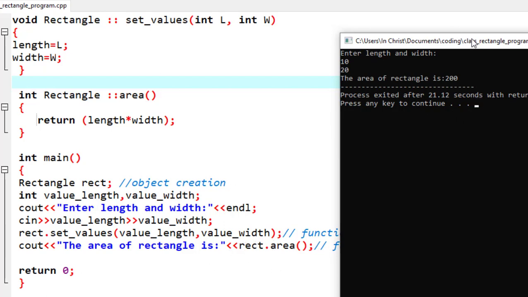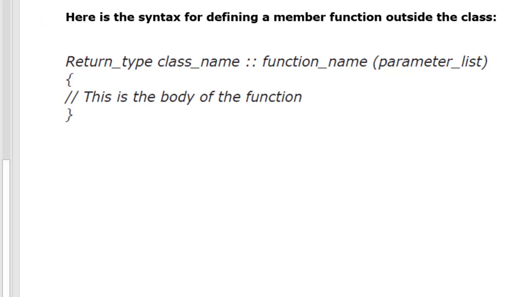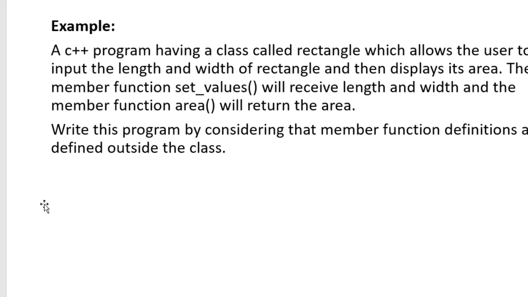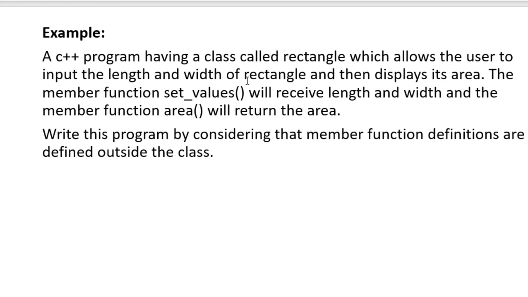So this is how you can do this program, whereby we're talking about how you can write a program having a class called rectangle, which was allowing the user to input the length and width of a rectangle and then display its area.